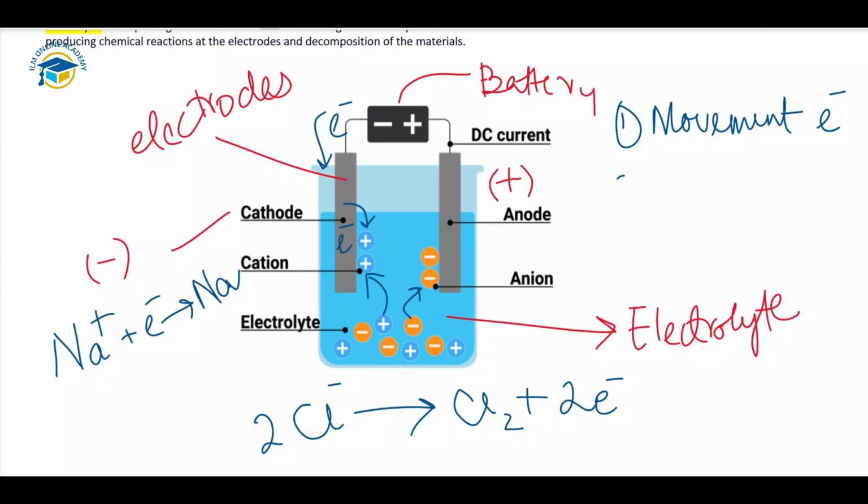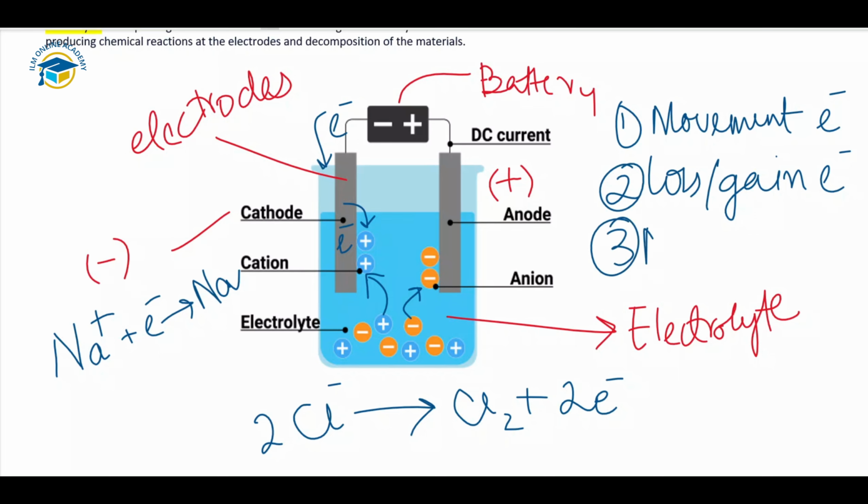Second, there is a loss or gain of electrons at the electrodes. And the last one is the movement of ions in the electrolyte solution. So these are the three important situations where the transfer of charge happens.